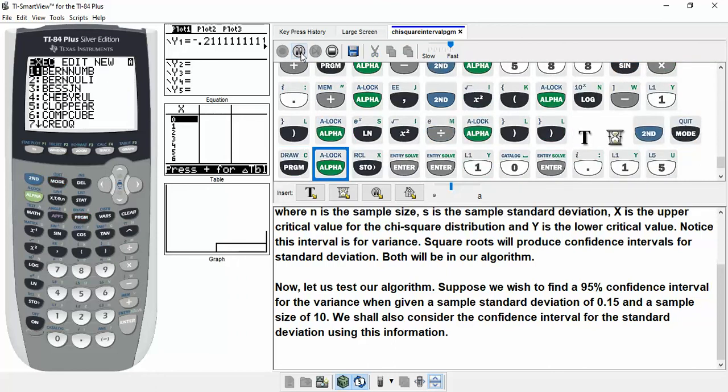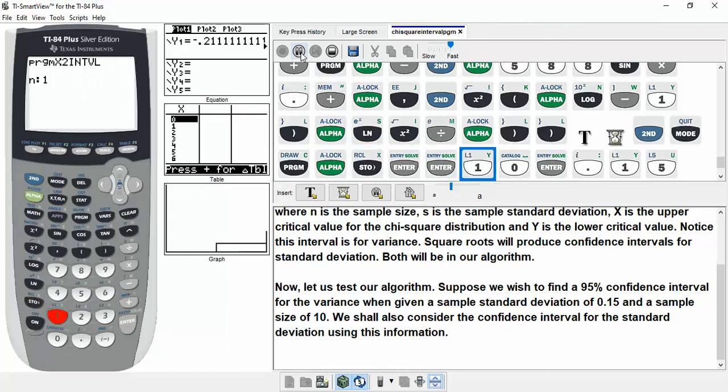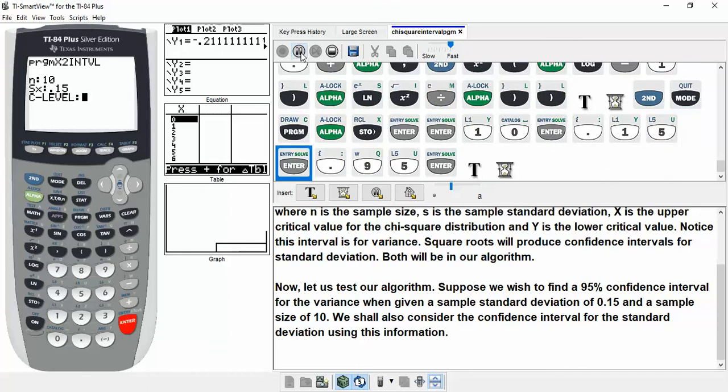We'll go ahead and call this program. I'll go ahead and use alpha x to call up the chi-square interval stuff. Our sample size was 10. Our sample standard deviation is 0.15. And our confidence level is 0.95. And we'll go ahead and let this run for a few minutes.